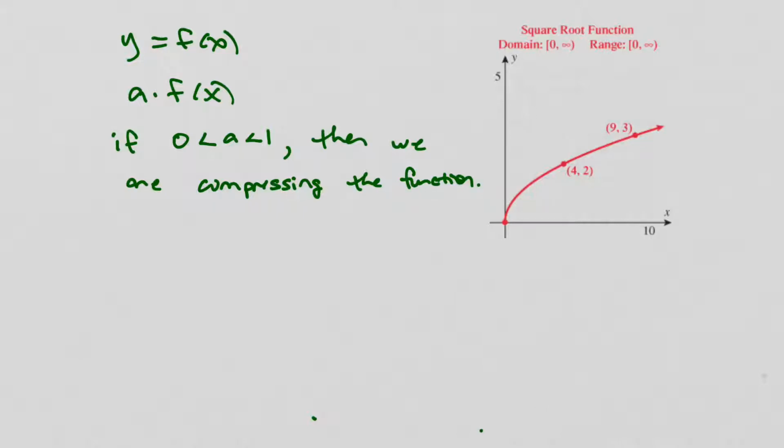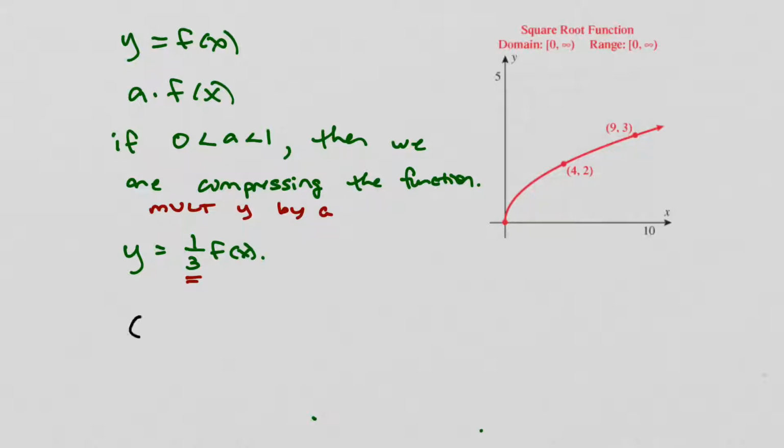So for example, let's say I have the function y equals 1/3 times f of x. Okay? Remember what we're doing with our operation. We're still multiplying y by that value a. So I'm going to be multiplying each of these y values by 1/3.